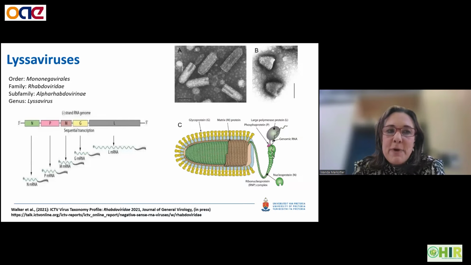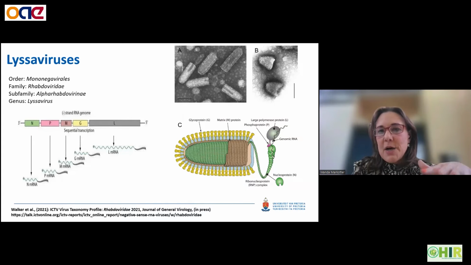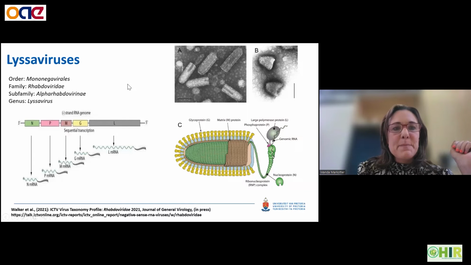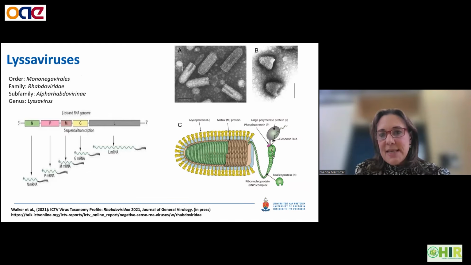There's now a subfamily under the family Rhabdoviridae, which is now called the Alpharhabdovirinae. This is a group of viruses infecting vertebrates, non-vertebrate hosts, and sometimes both of them. So it's a little bit different from what it was. There was never a subfamily. And then the lyssaviruses are in this.